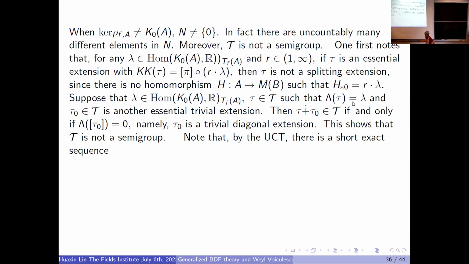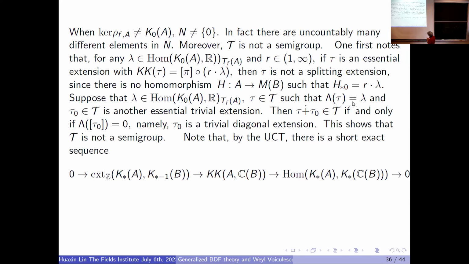But in general, there is also an addition. No, say it again. You also add. You can add. Yes, it's a group. The extension itself is a group, but the trivial extension is not even a semigroup. Unfortunately. So by UCT, we'll look at this.